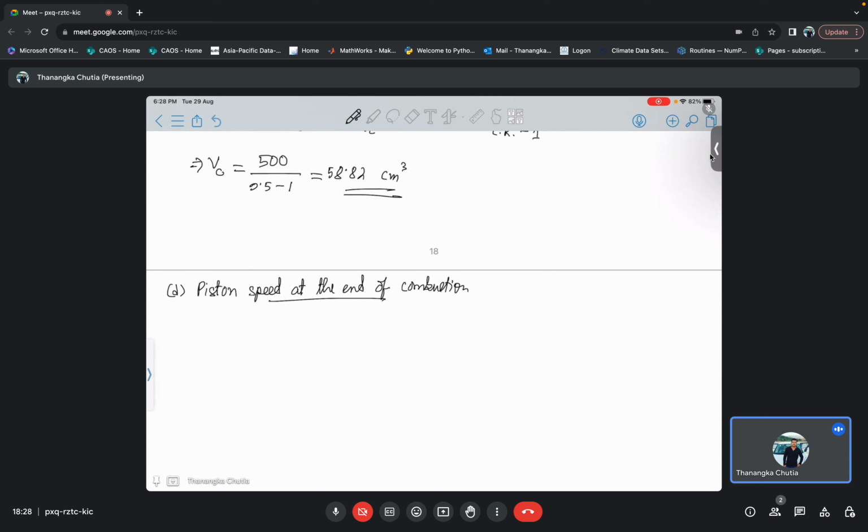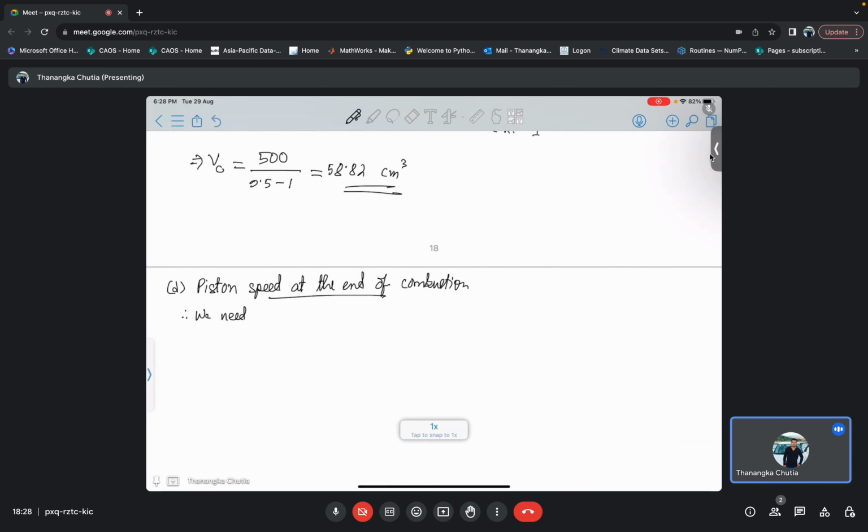So we need to calculate UP at theta equals 20 degree. We know a formula of x, and we can do dx by dt of that, but the expression becomes too tedious to solve. So for that, there is a non-dimensional equation of UP by UP bar.